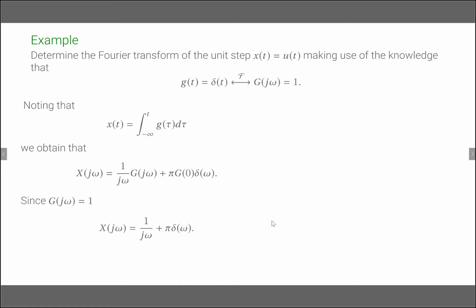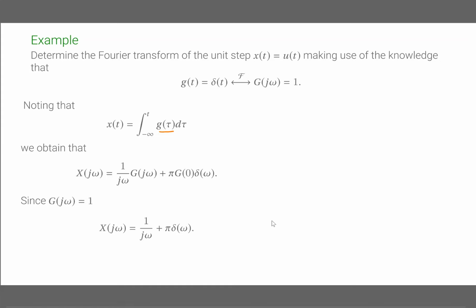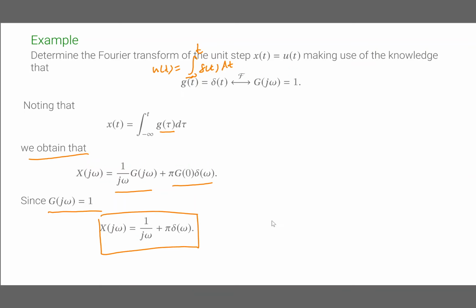If we integrate g(tau), which is delta(t), we know that you get u(t). Therefore, to get the Fourier transform, we write 1 over j omega G(j omega) plus pi G(0) delta(omega). Since G(j omega) is 1, we can write it in this fashion, which is the Fourier transform of the unit step.